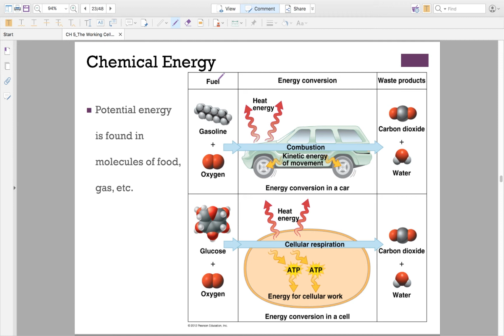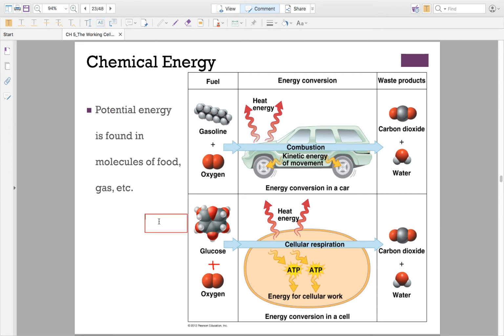glucose and cellular respiration. Glucose and oxygen are absolutely required for aerobic cellular respiration. Okay, glucose is an organic compound, and it is a high energy molecule.